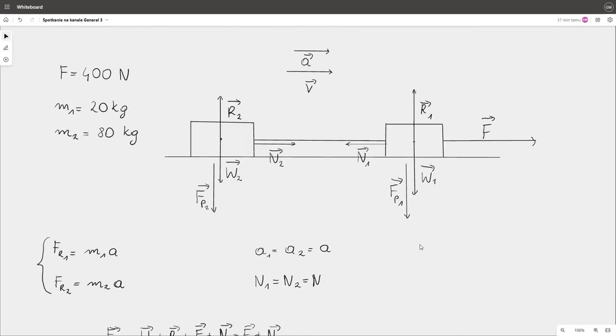Now, we'll try to calculate acceleration of bodies connected by a light inextensible string on a smooth plane. Horizontal force F, we can call it external force also, is applied to the first body, and we assume that there is no friction.